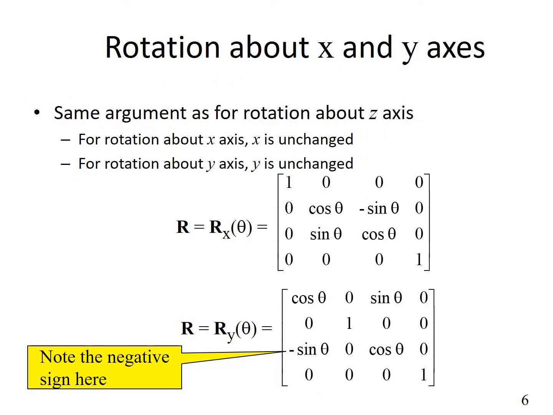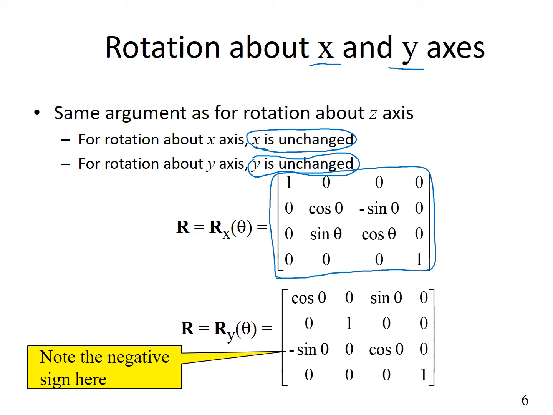Now using similar methods, we can derive rotation about the x-axis and rotation about the y-axis. We can use similar arguments: for rotation about the x-axis, x will be unchanged, and if you are performing rotation about the y-axis, the y coordinate will be unchanged. This is the rotation matrix for rotation about the x-axis, and see how we have a unity over here, which means the x coordinate will not change.